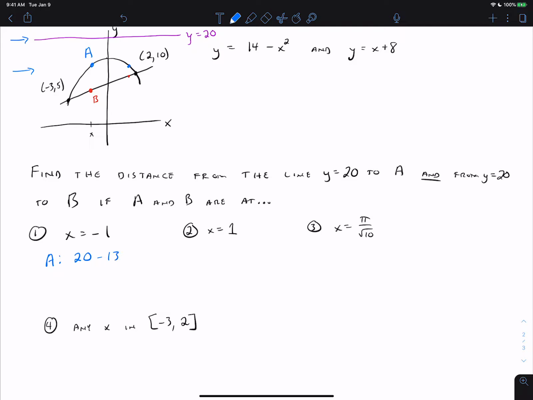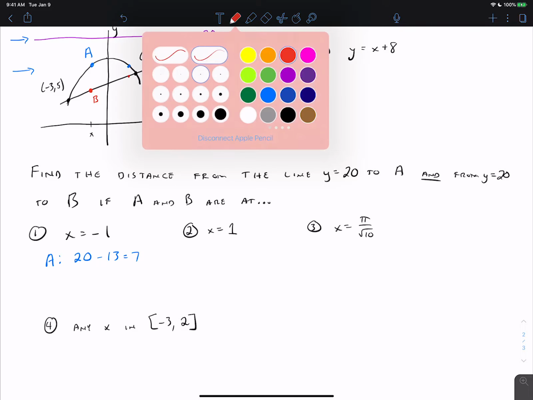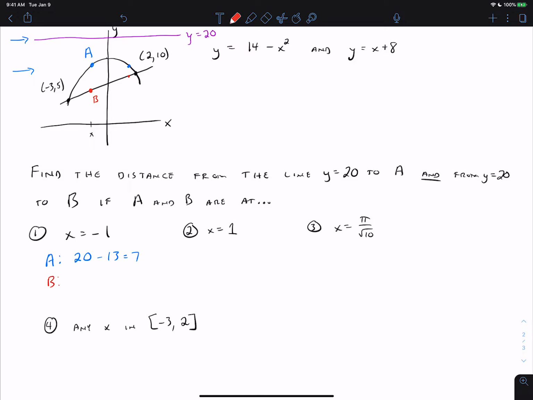So it's 20 minus 13, which is 7. For point B, it's the top y minus the bottom y. The top y again is up here. The bottom y is now wherever B is. So we take the top y minus bottom y, but the top y is 20 this time. The bottom y happens to be 7.